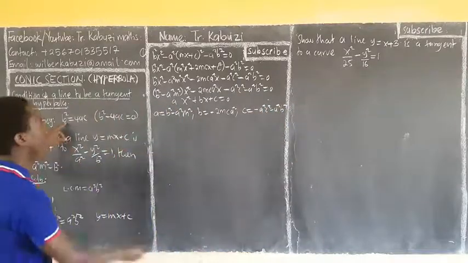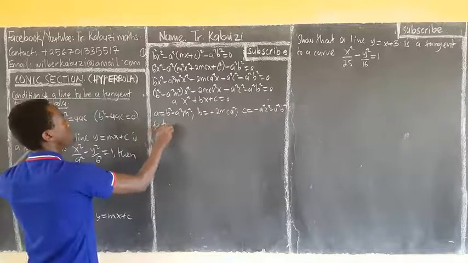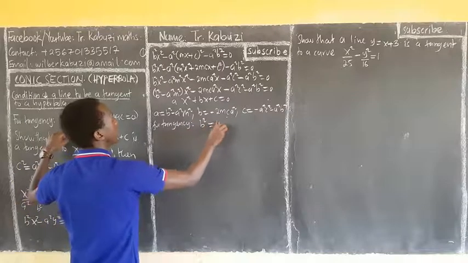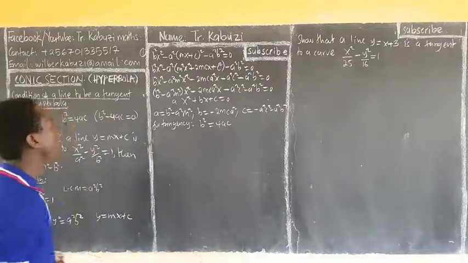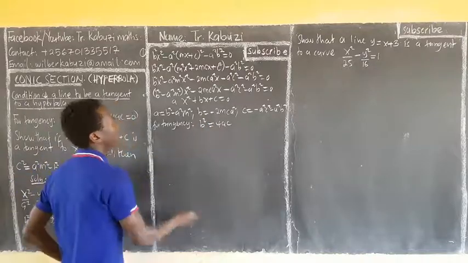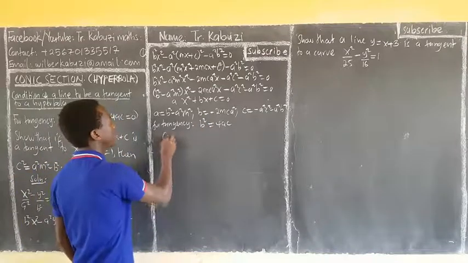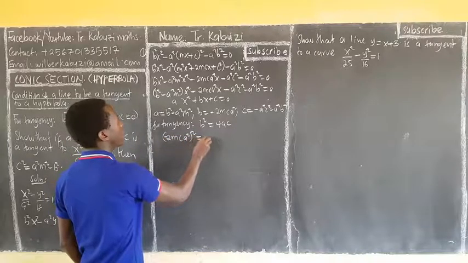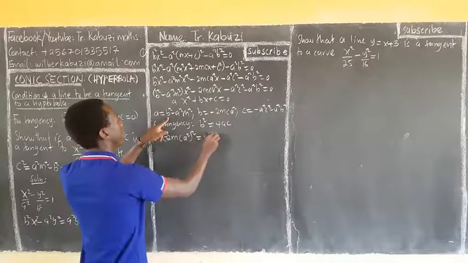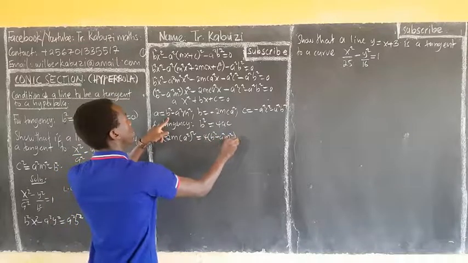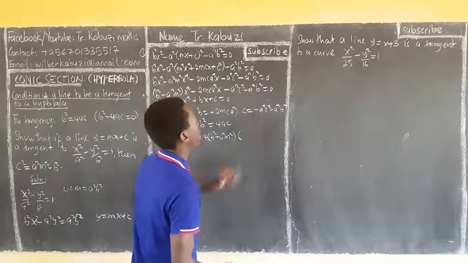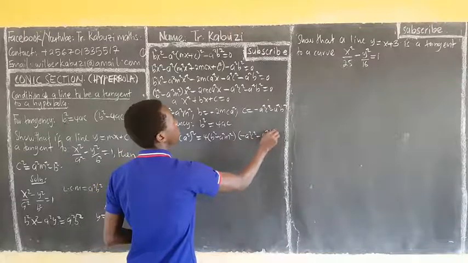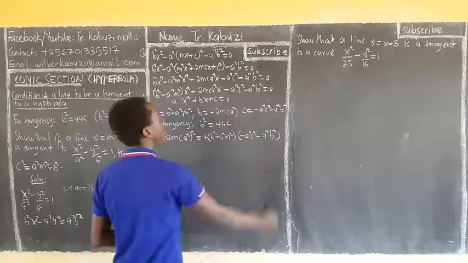Now for tangents, I know that b squared should be equal to 4ac. From there, I put my b, but I'm squaring it, so I have now the negative squared equaling 4 times my a into my c. Now this is going to be b squared. I close the brackets.